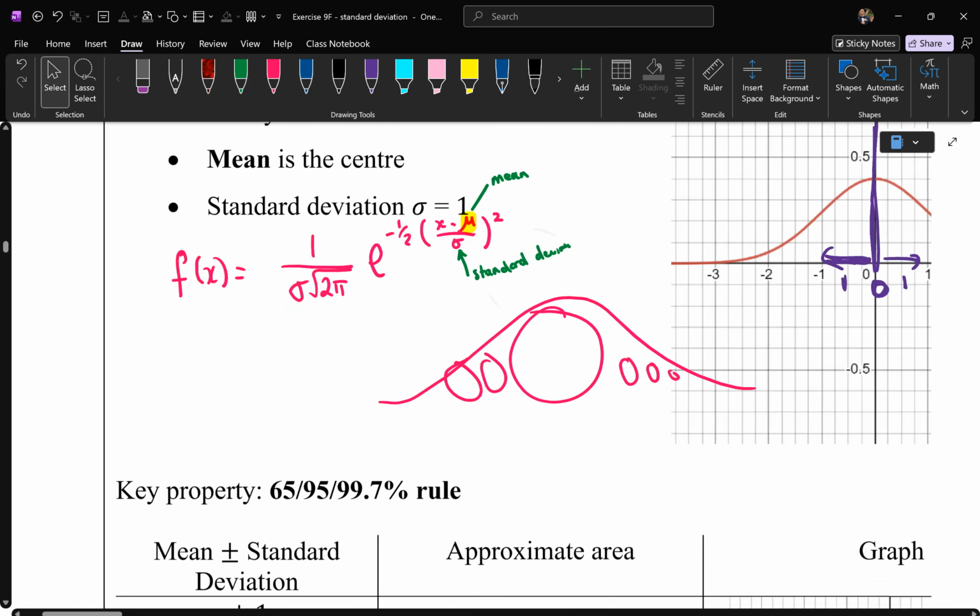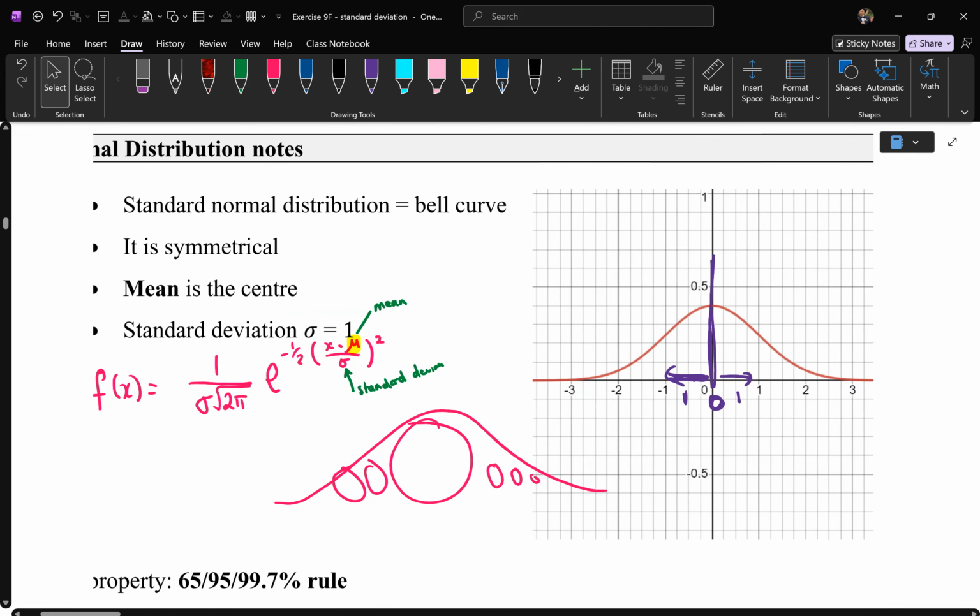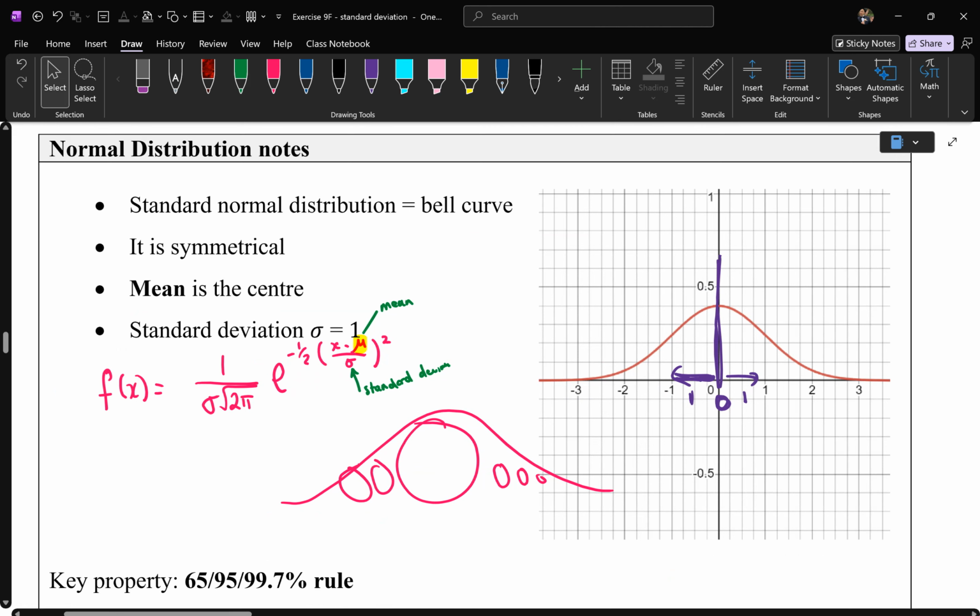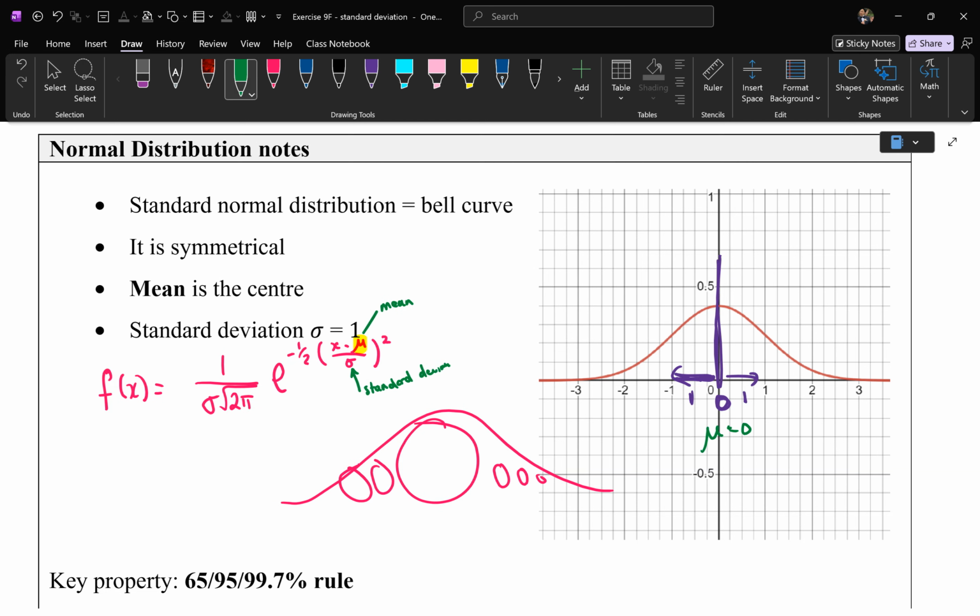And it turns out that in this special formula, when you type that in, this will give you a mean of 0 and a standard deviation of 1. Standard deviation is really hard to get generally. But to get exactly 1, this curve is not only symmetrical, but it has these 2 key properties. Now that's very special when you get to year 11 methods. The reason why is because if you can start at 0, that means you can start anywhere else you want.